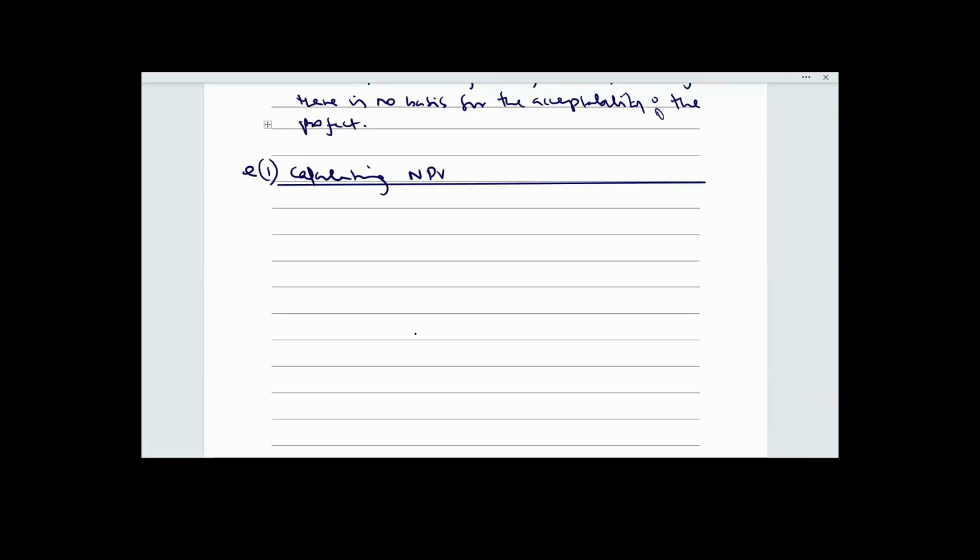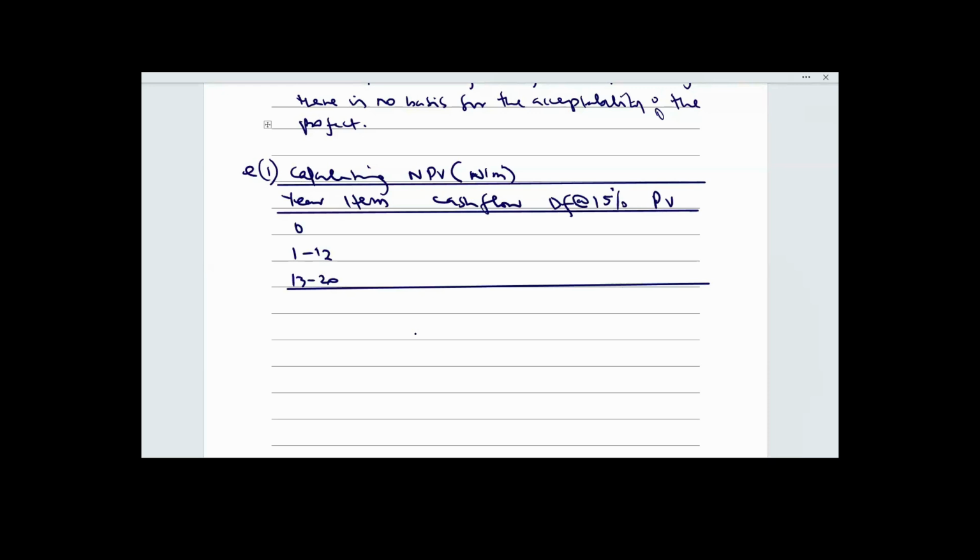So I'll just come here, NPV, create a column for year, description of items, cash flow, discount factor. We are given cost of capital of 15%. Then present value. Our figures are in million. Year 0, year 1 to 12, then year 13 to 20.